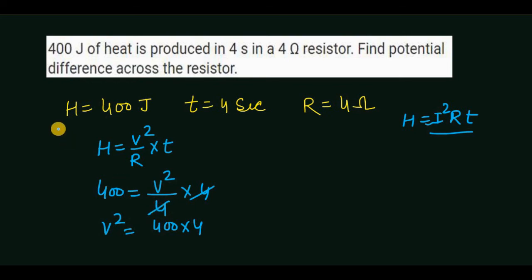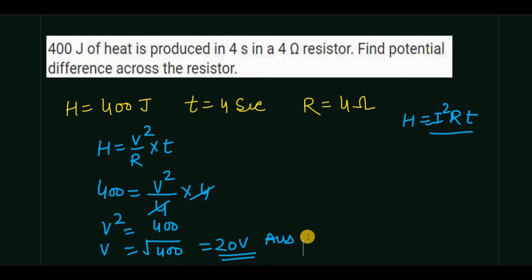So this 4 we can erase now. Next V will come under root 400 and the answer will be 20 volt. So this is a simple way to solve the question. 20 volt will be the answer. Write it as the answer. Now come to the next one.